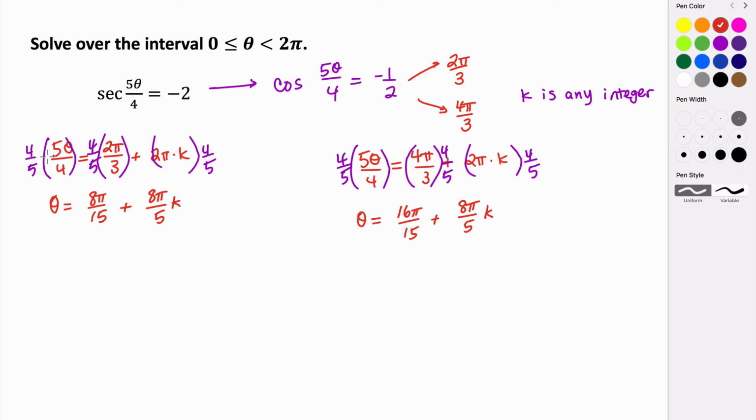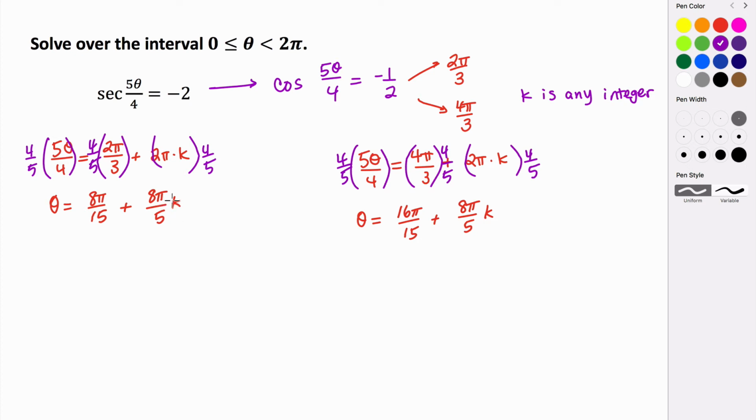Basically what this is saying is that because the period has changed, the value that was at 2 pi over 3 originally now occurs at 8 pi over 15. So the period change made the cosine equal to -1/2 at 8 pi over 15 rather than 2 pi over 3, and the same is true at 16 pi over 15 rather than 4 pi over 3. Now, why do we have this value of k?